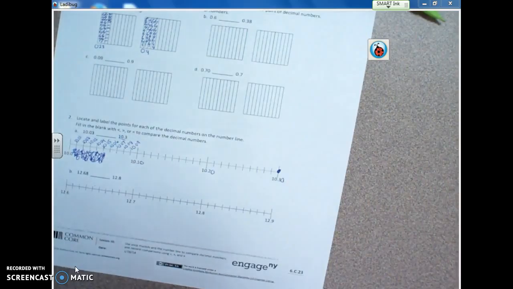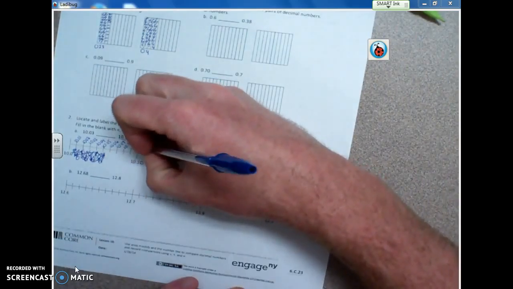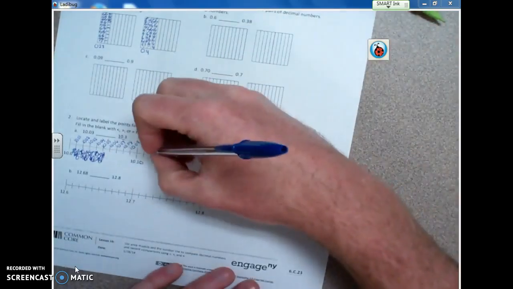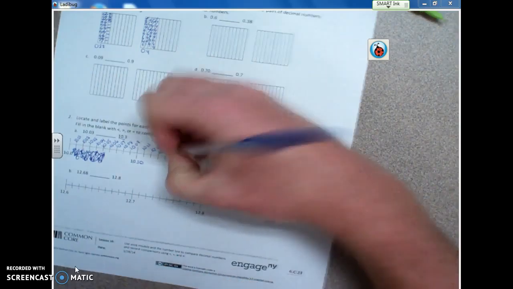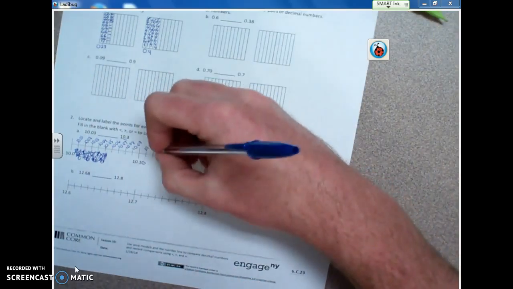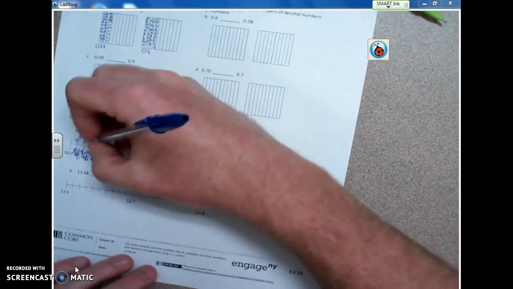Now my numbers work out. Then it would be 10 and 11 hundredths, 10 and 12 hundredths, 10 and 13 hundredths, 10 and 14 hundredths, and so on.